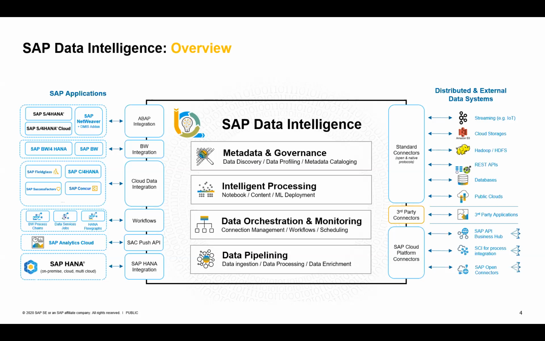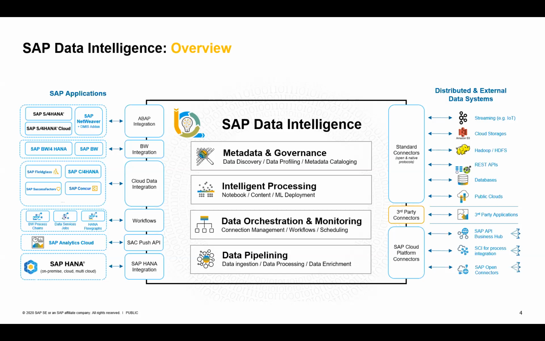And SAP Data Intelligence aims to be, you can think of it like a spider in the net, so to say, which is holding the pieces together, and which also provides standard functionality needed to act as such a comprehensive data management tool, like metadata and governance, so to be capable of enabling data discovery, of building up a metadata catalog, of providing a business glossary that the end user can establish, of providing profiling capabilities and so on.